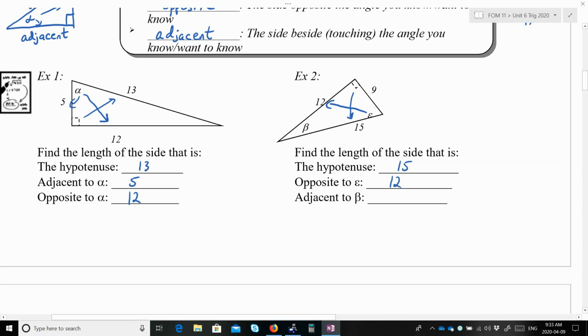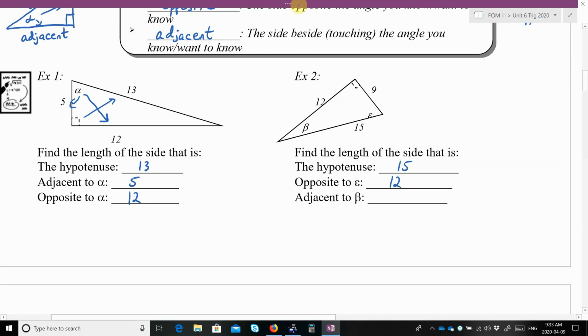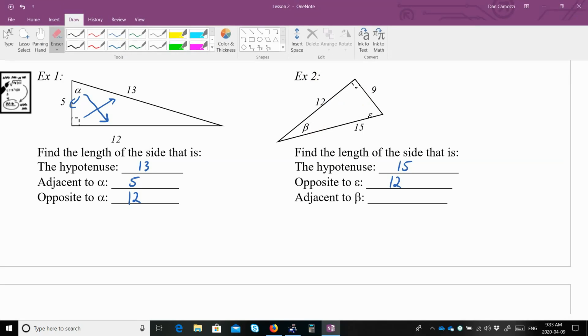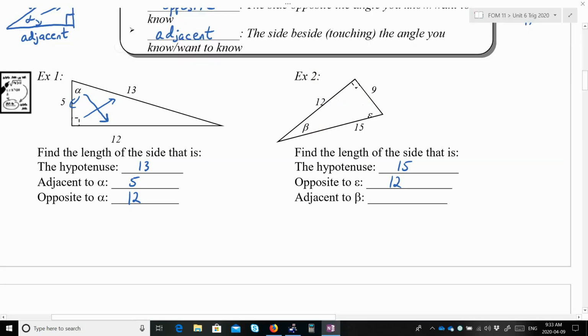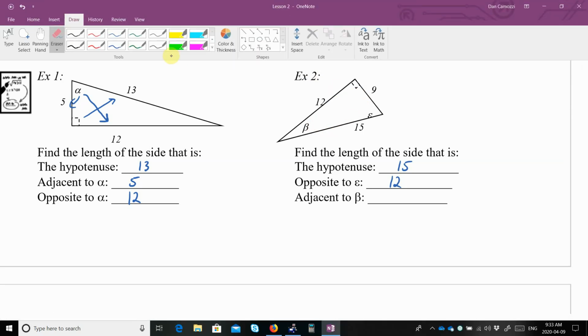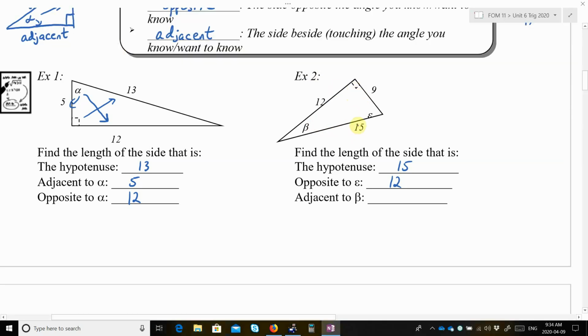And adjacent to beta, okay, well, opposite to beta would be like that, so adjacent would be the one right beside it, because the one across from the 90 is the hypotenuse, right? Okay, so opposite to beta is like that, and so adjacent is the 12.